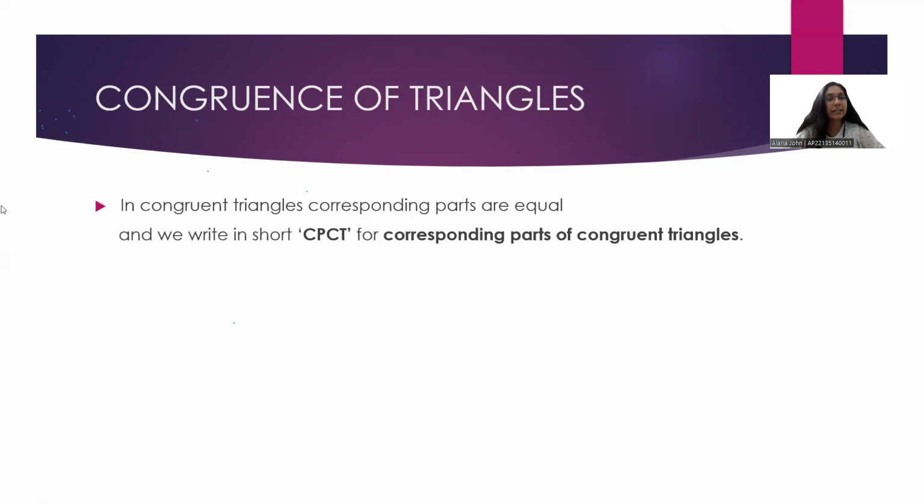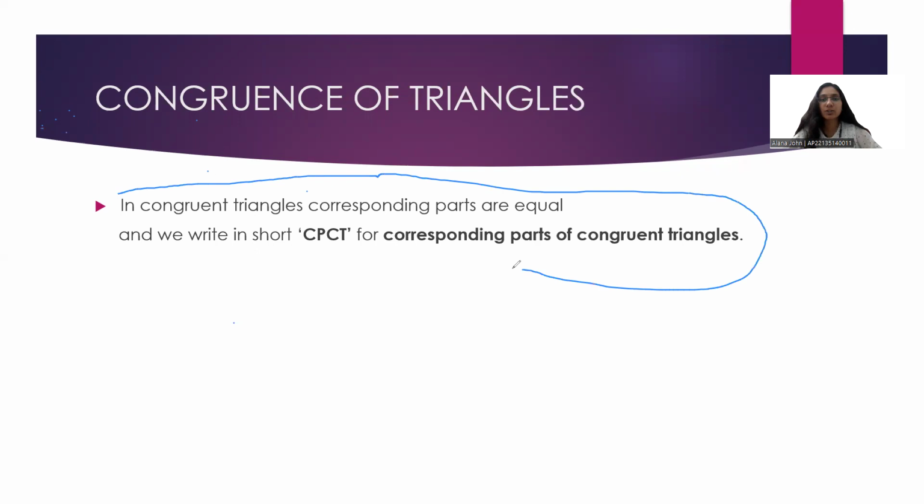This is the main concept, or the main motivation, of proving two triangles to be congruent. If we have proved two triangles to be congruent, then the corresponding parts of the two triangles can be considered equal. And in short form, we write it as CPCT.